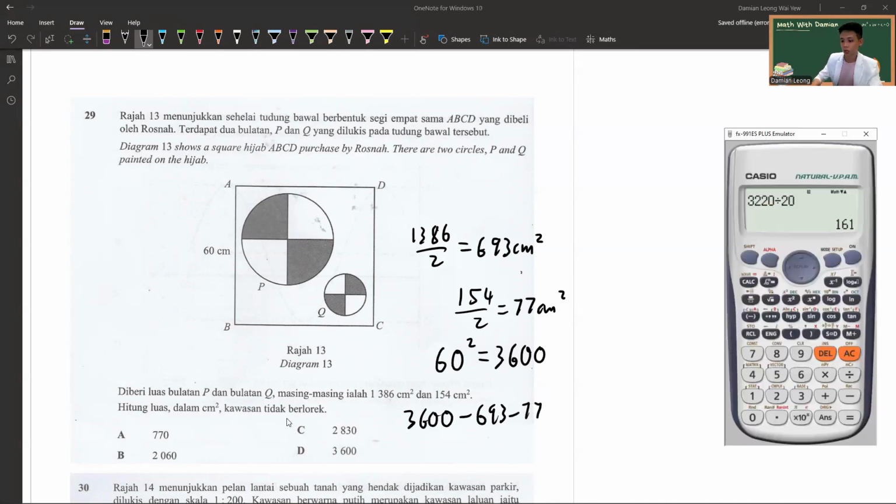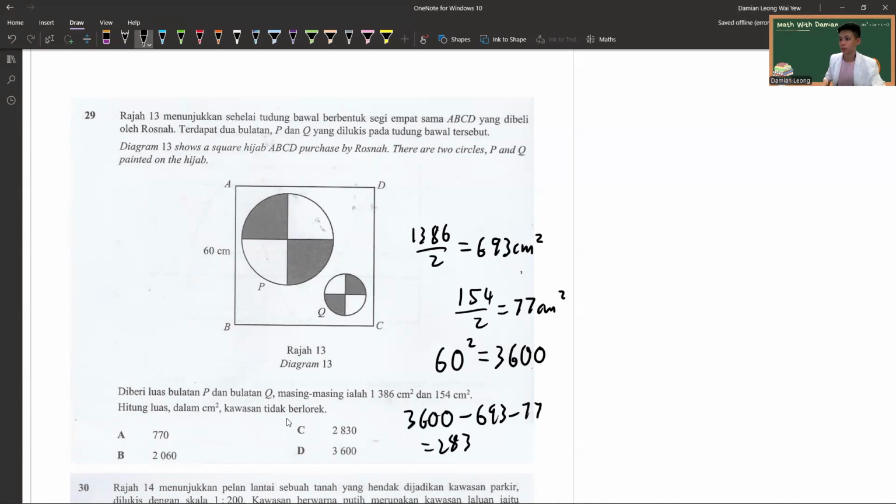So we count 3,600 minus 693 minus 77, which I get 2,830 cm squared. That's it. We don't even need to calculate back like the radius and all that of the circles. Okay, but you need to know how much of the circle it is basically involved lah. Yeah, that's question 29.